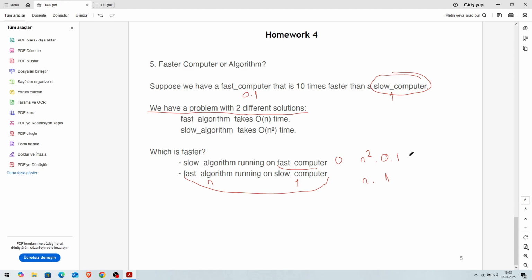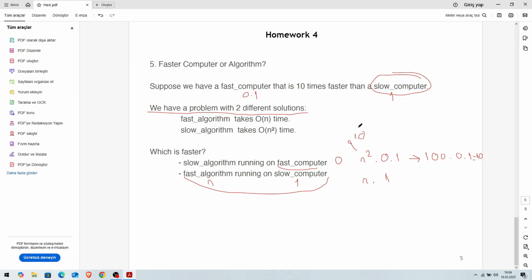So for the two algorithms, when we write a value of 10 for n, it's equal to 100 multiplied by 0.1, and it's equal to 10.